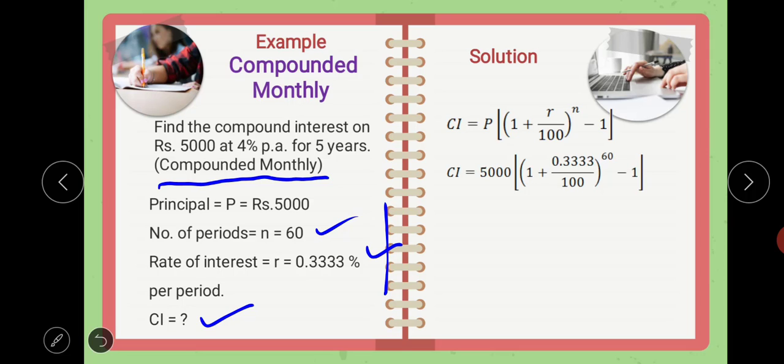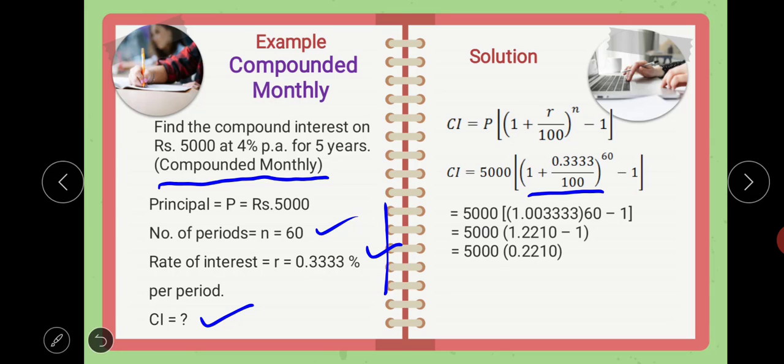Put these values in the formula and solve this. Firstly solve this bracket. It will be 1.00333 bracket raised to 60, minus 1, which is equal to 1.2210 minus 1. So it will be 5000 multiplied by 0.2210.